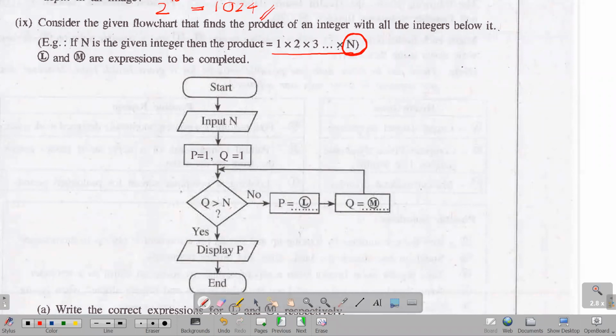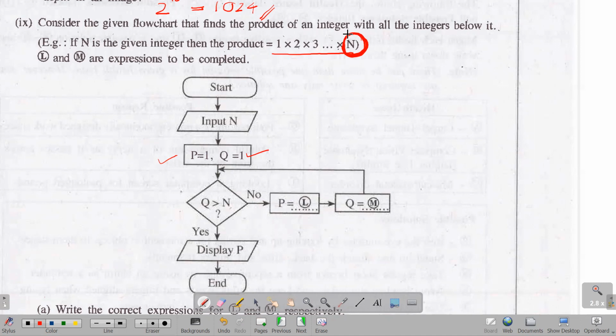In the first step, according to the condition, it is always checking whether Q is larger than N. Q starts from 1, and P is starting from 1 as well. Q is going to increase up to the value N, and it is going to multiply the answer for each and every iteration.